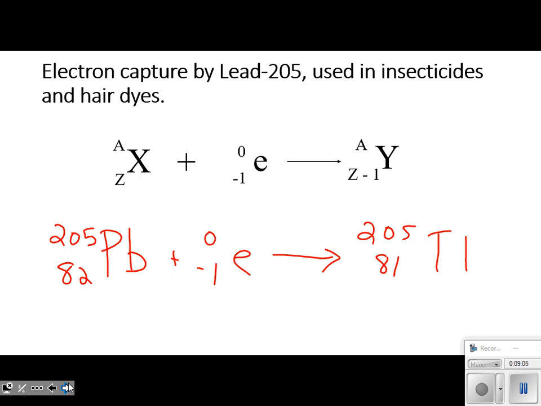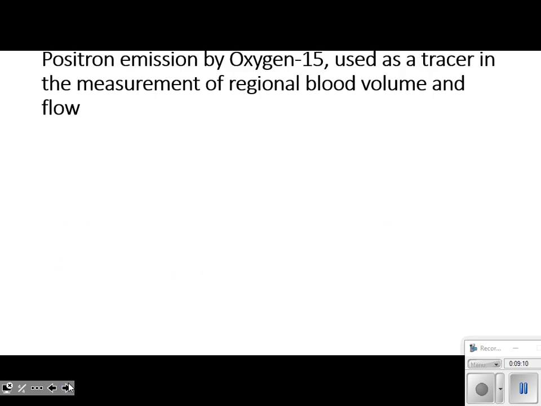Now the final example I'm going to work, we've done all except positron emission. So the positron emission by oxygen-15, which is used as a tracer in the measurement of regional blood volume and blood flow. Go ahead and write the general equation that you should use for the positron emission.